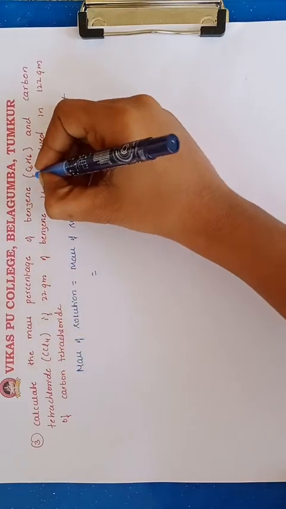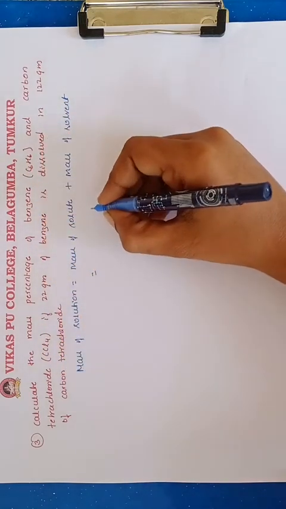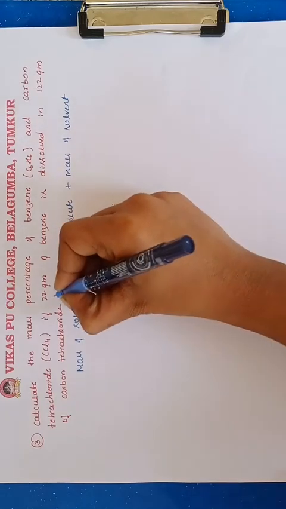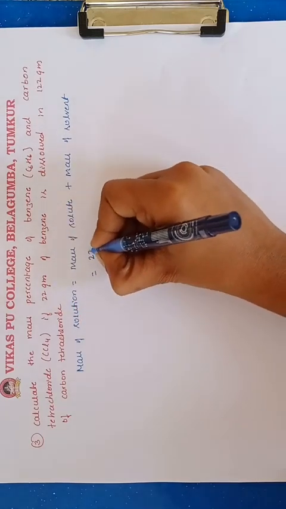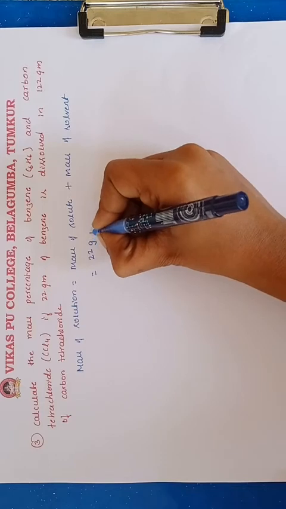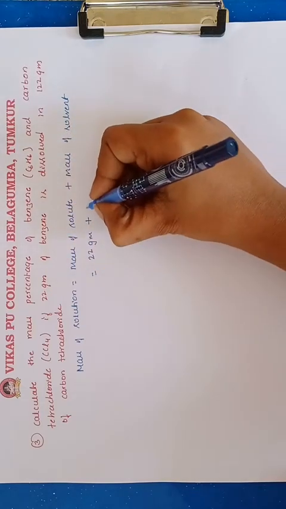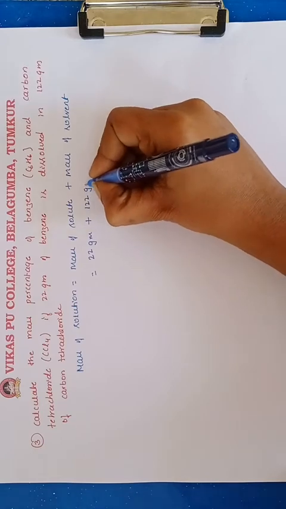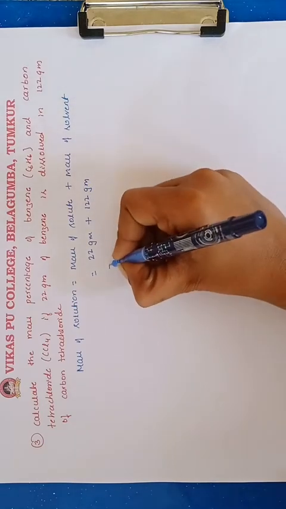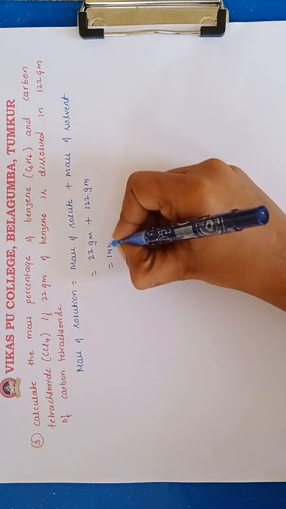The mass of the solute is 22 gram. Then the mass of the solvent is 122 gram. We get 144 grams.